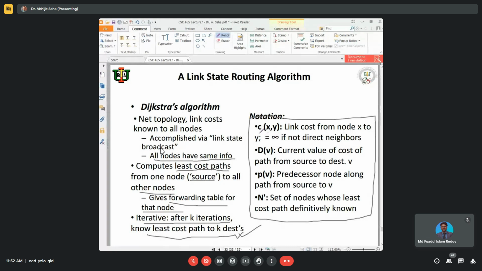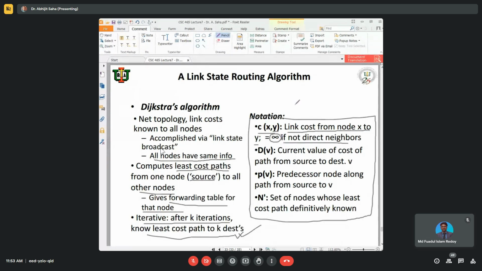Here, c(x,y) is the link cost from node x to y, and if node y is not a direct neighbor, then we are going to use the infinity sign. That means it's unknown.